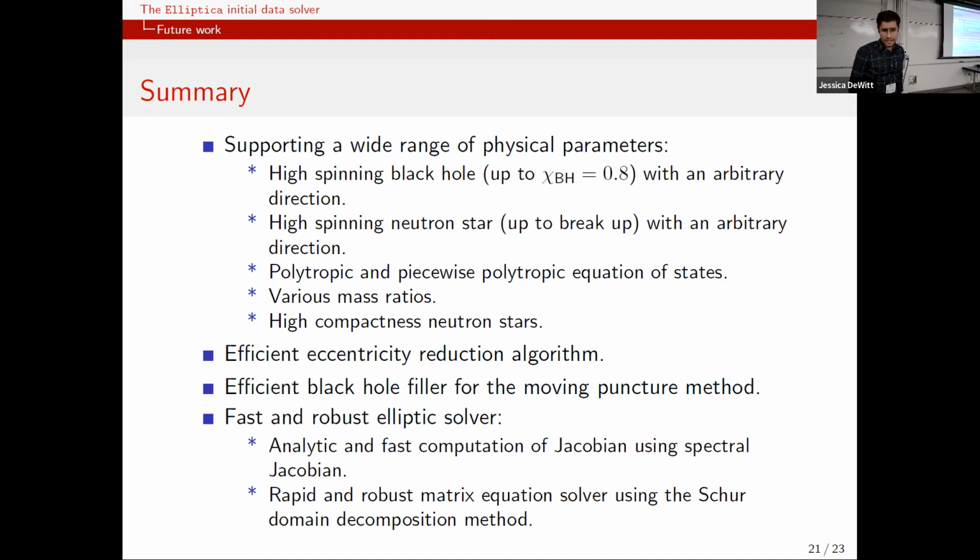Also, it has efficient eccentricity reduction, an efficient black hole excision to be used for moving puncture methods, and a fast and robust elliptic solver. As I said, it's using analytic and fast computation of the Jacobian, and also has a rapid and robust matrix equation solver using Schur domain decomposition.